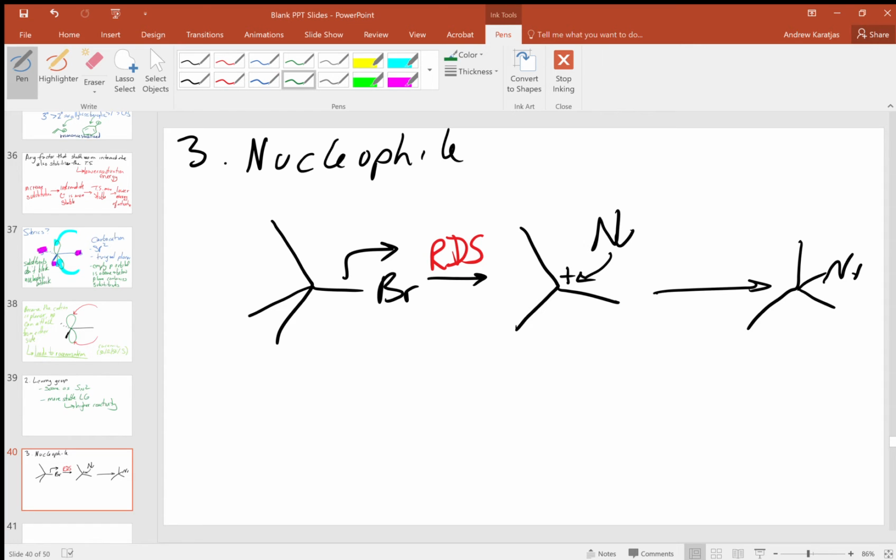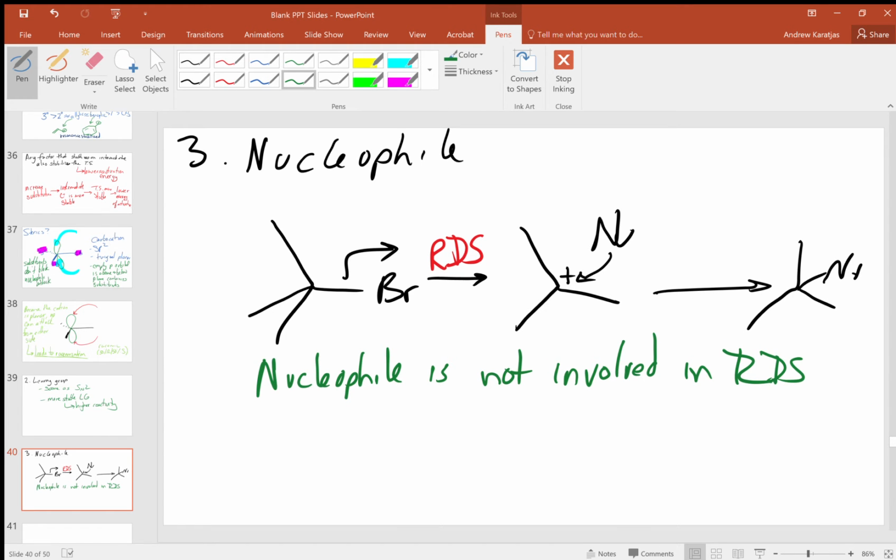And so what that means is that the nucleophile is not involved in the rate determining step. Because it's not part of the rate determining step, it has very little effect on the reaction.